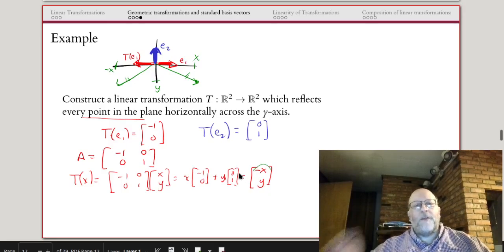We constructed this linear transformation by knowing only what it did to E1 and E2, but once we get it for E1 and E2, it transforms every vector the way we want it to. All right?